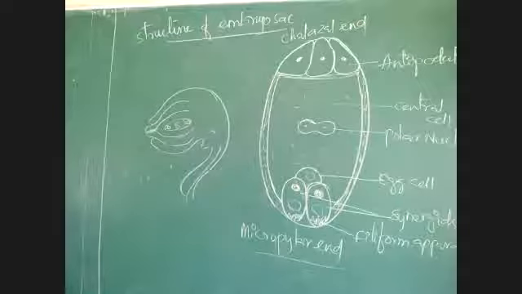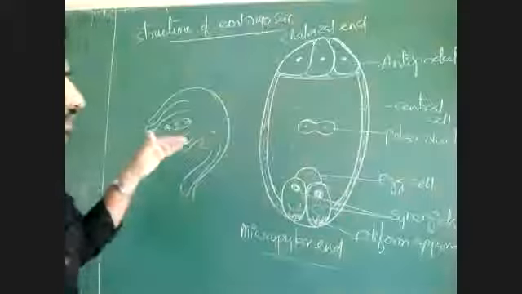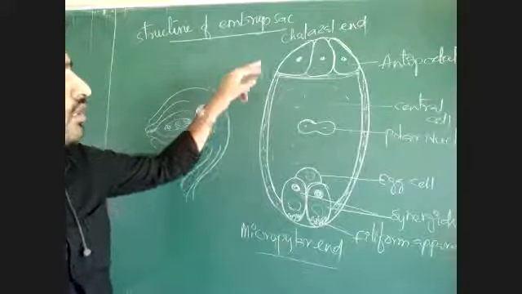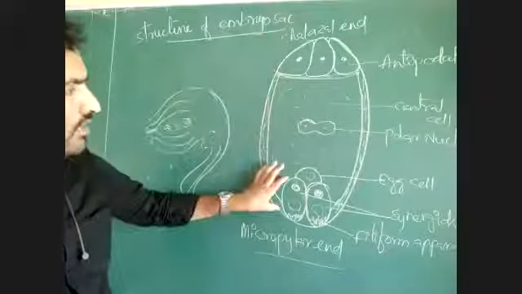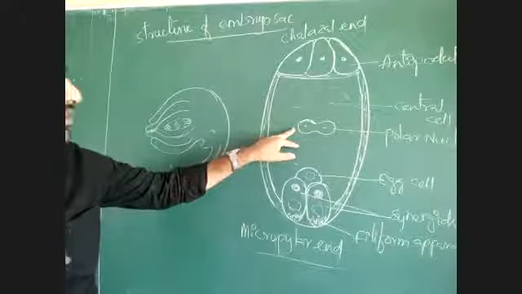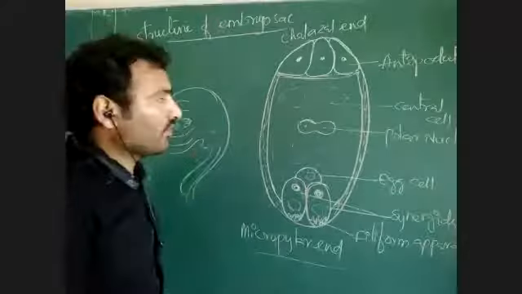See now. An embryo sac has three parts. One is the antipodals, second is the egg apparatus, third is the polar nuclei. First see one by one.